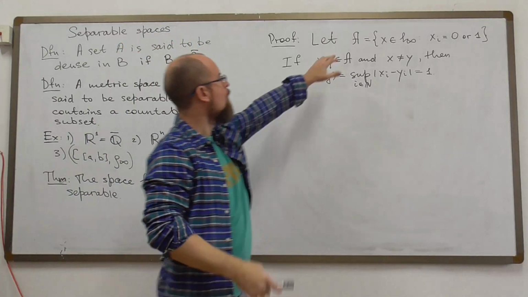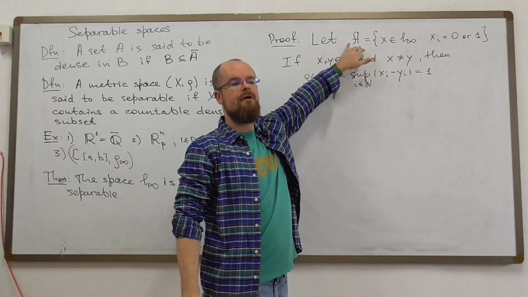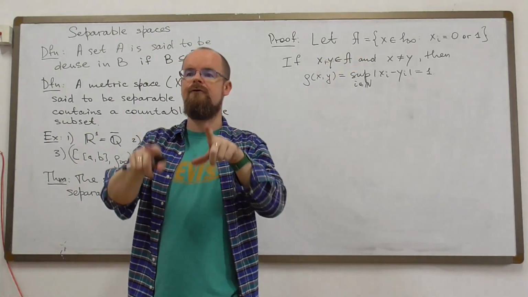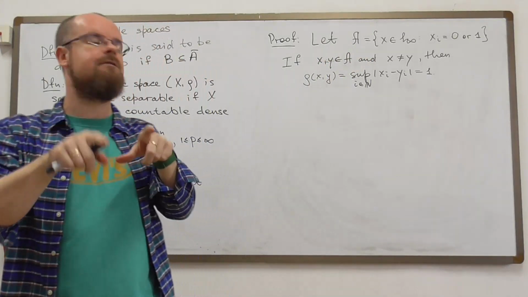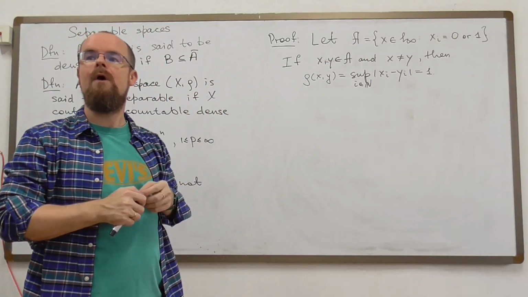So we have the whole set of sequences such that the distance between any two distinct sequences from A is 1.